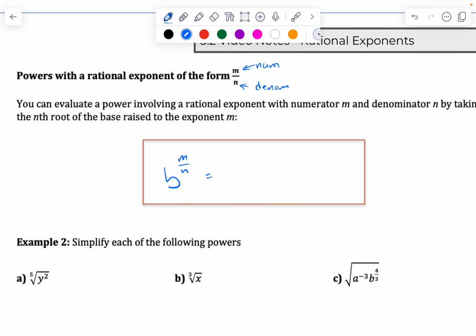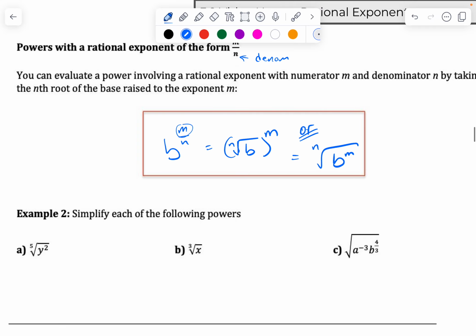Well, we know that the over n is the nth root of b, and then I still have this m, which is an exponent m. Okay? And I can say or. It doesn't matter which order we do them in. It could be the nth root of b to the m. Okay? So either one of those works.